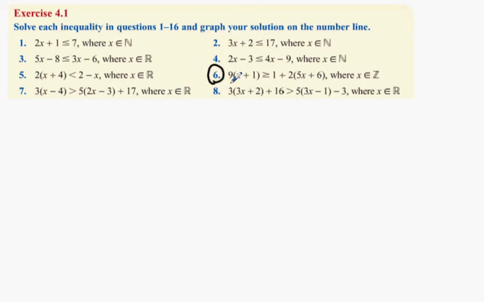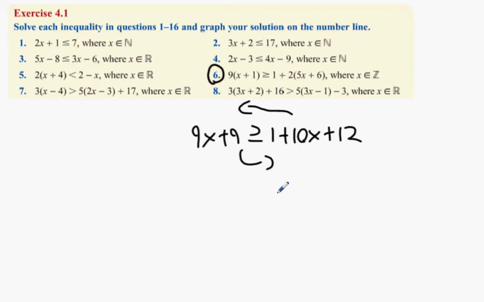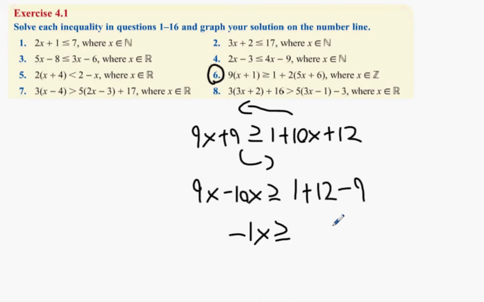Question 6. Multiply it out and we get 9x plus 9 is greater than or equal to 1 plus 10x plus 12. Everybody agreed with that? Bring the x's to one side, bring the numbers to the other side. And what do you get? Minus 10x plus 9x is greater than or equal to 1 plus 12 minus 9.